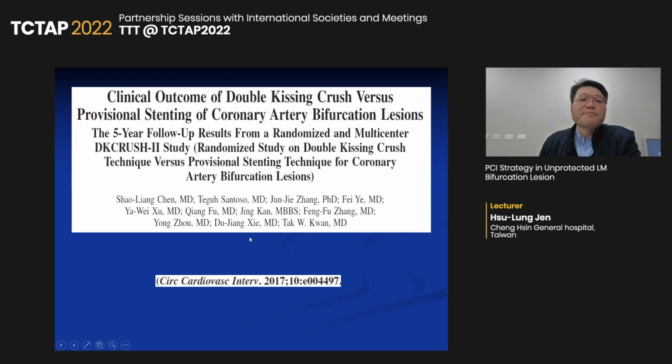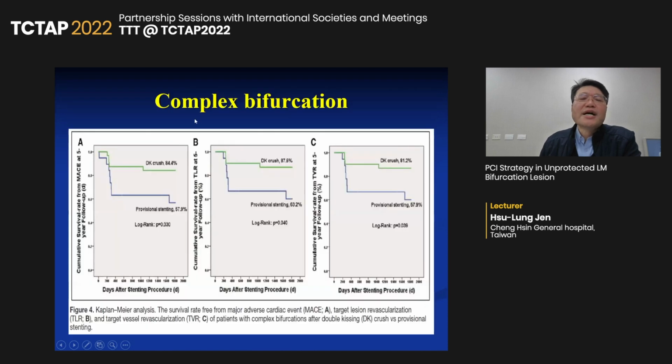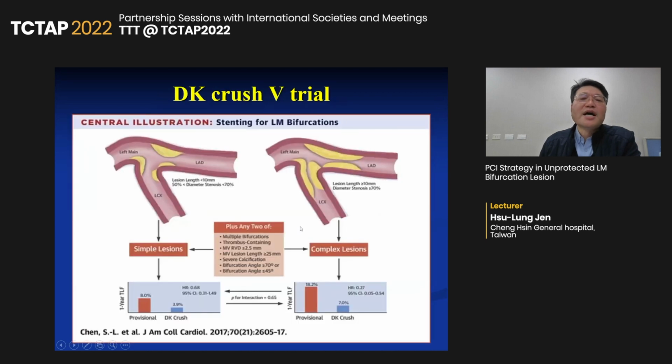If we see the previous data, such as the DKCRUSH-II trial with long-term 5-year follow-up, it also showed that for the complex bifurcation, the DK crush technique has better clinical outcomes compared with the provisional stenting strategy. It also follows the definition criteria for complex and simple lesions.